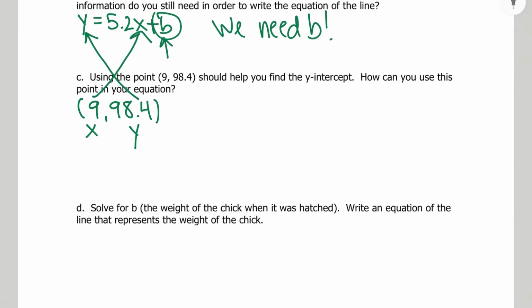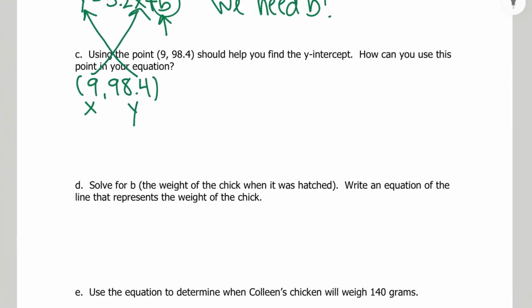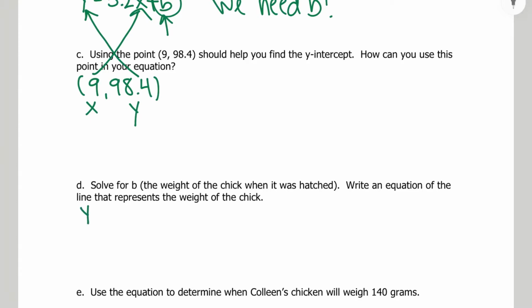So on part d down here, it says solve for b, the weight of the chick when it is hatched, and write an equation of the line that represents that. So we're going to take what we had here, y equals 5.2x plus b, and then we've got that point 9, 98.4, which was x, y, and then we're going to start plugging in. So y is now 98.4.